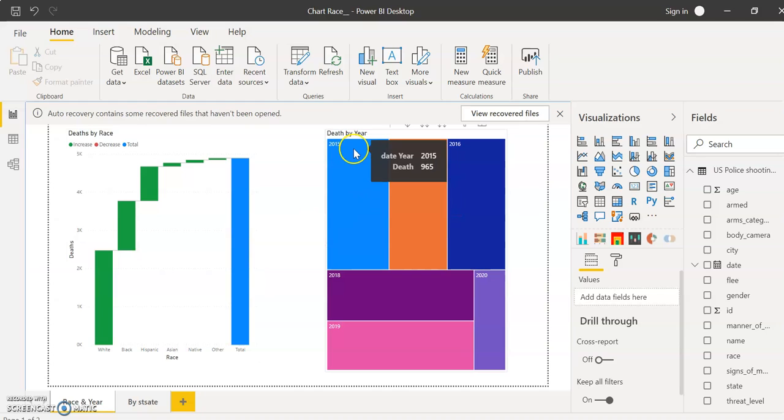Again, I did by year. In 2015, 965 people were killed. In 2016, it went down to 906. 2017, 904. They are about the same range. But from 2018 down to 2019 and 2020, they went down.